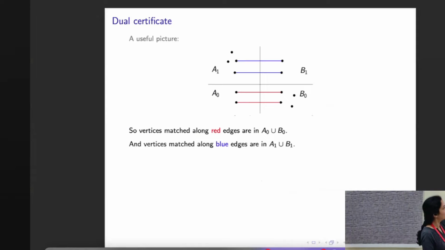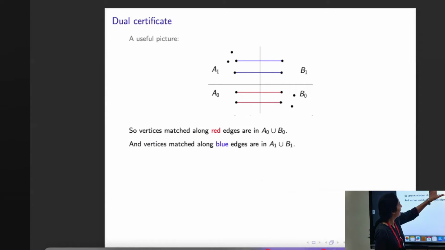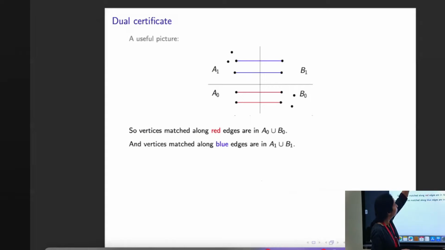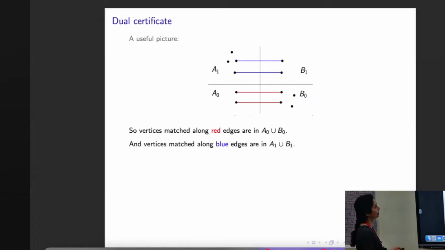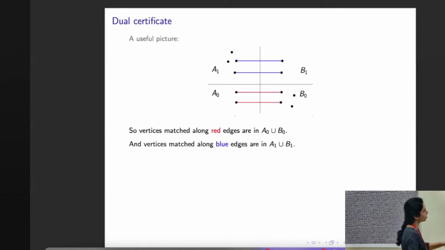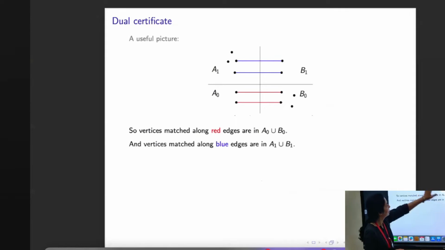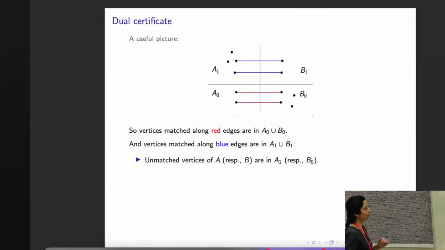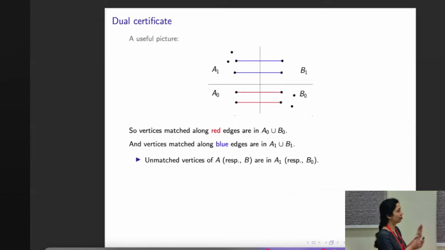So, this is a useful picture to keep in mind. Let's partition the vertices: the agents matched along red edges, we will put them in A0. The jobs matched along red edges, we put them in B0. The agents matched along blue edges, let's put them in A1, and the jobs matched along blue edges, let's put them in B1. The agents left unmatched and the jobs left unmatched, we put them in A1 and B0 respectively.